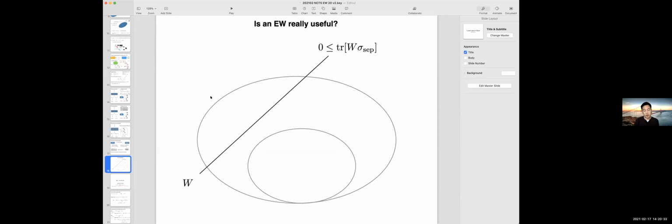Again, we can also keep asking, is an entanglement witness really useful, because it merely corresponds to one single hyperplane here, and we have lots of entangled states which are not detected by this witness. Okay? So the first result I want to present is that an entanglement witness can be compressed to a single line, or in other words, an entanglement witness can generate another entanglement witness. Simply saying, before we had just one bound here.